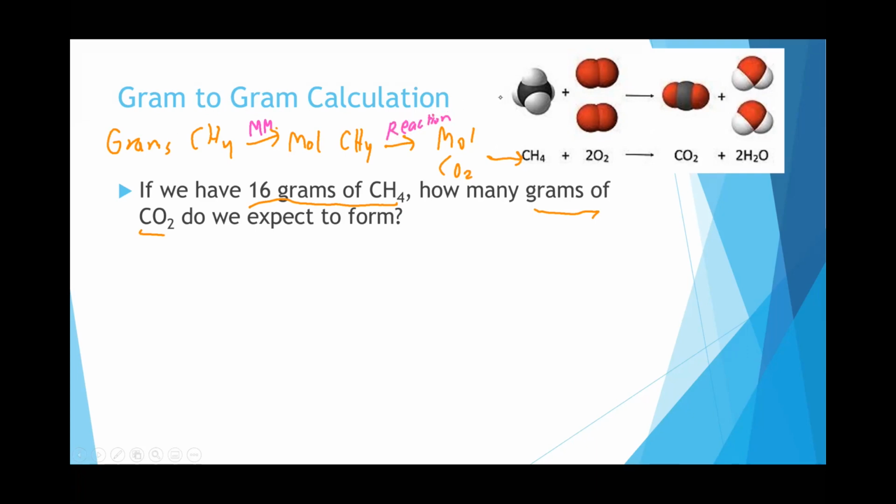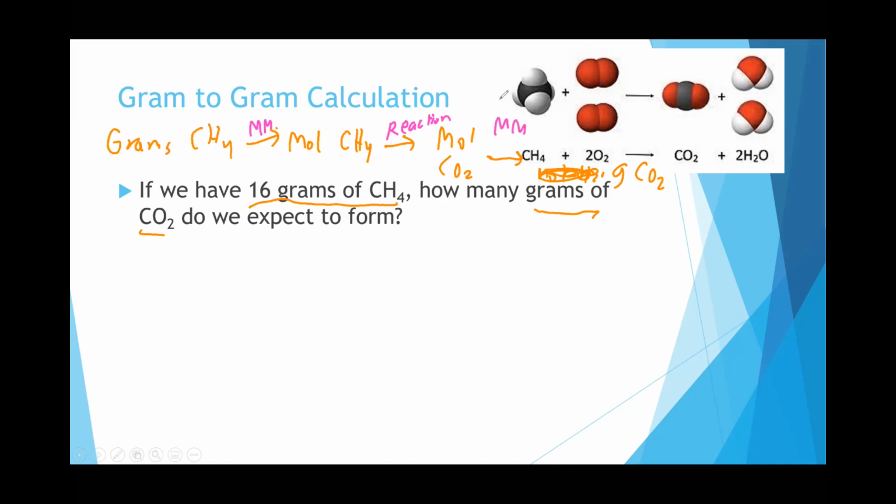And our last one is moles of CO2 to grams CO2. And that's molar mass. So we have 3 calculations we need to do, and we've been doing these calculations a lot.